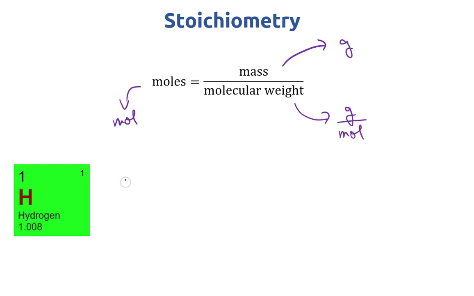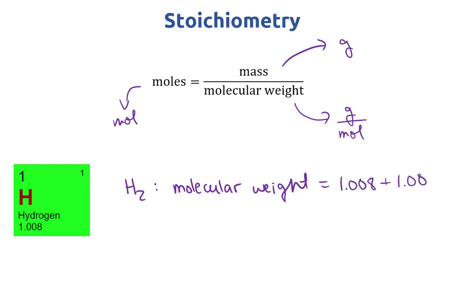So if we consider the molecule H2, it's going to have a molecular weight of 2 hydrogen atoms. So this is going to be 1.008 plus 1.008, and these are both measured in grams per mole. That gives us 2.016 grams per mole as the molecular weight of an H2 molecule.